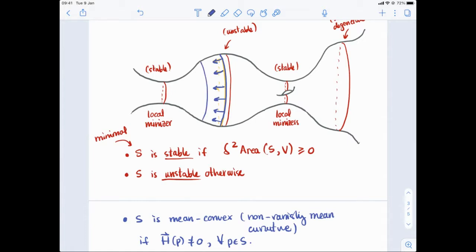So you will obtain something like this, and then what you will expect, at least in this picture, is that this keeps evolving by the flow and converges towards this stable surface.